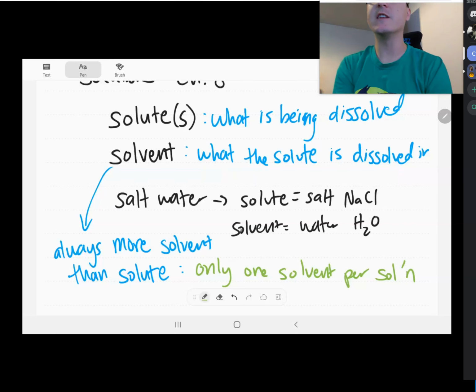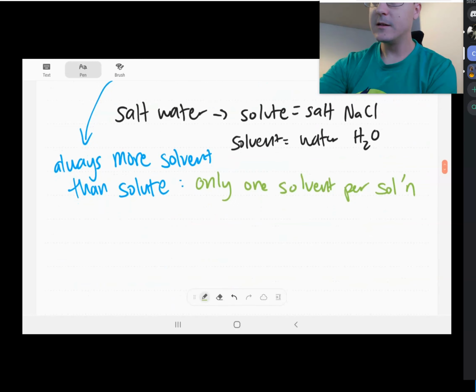Very often you're going to see solution abbreviated SOL'N, just so you know. So that means solution. You can have one solvent, and you can have as many solutes as you want. You can have one solute, or you could have a billion of them. Does not matter.